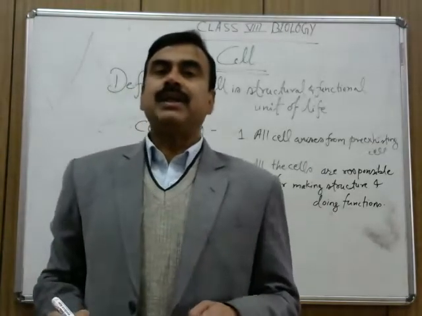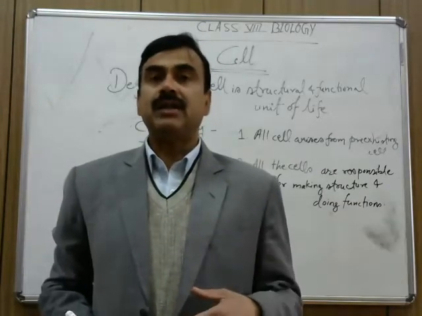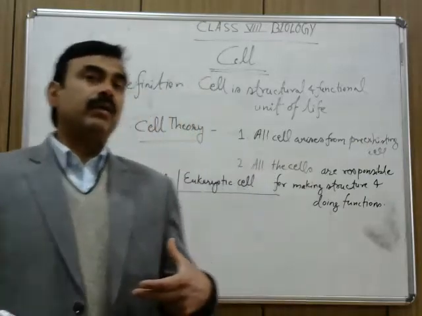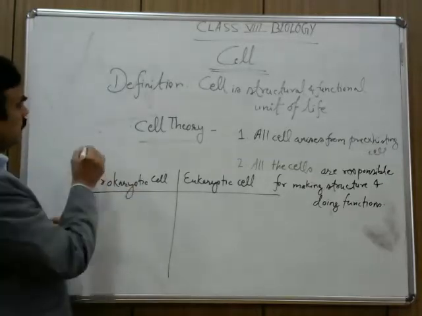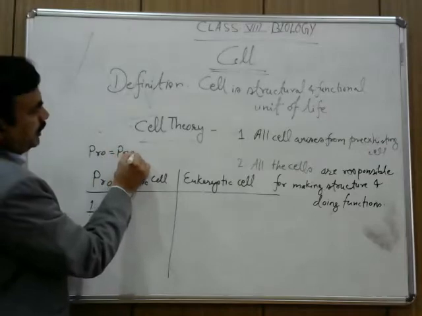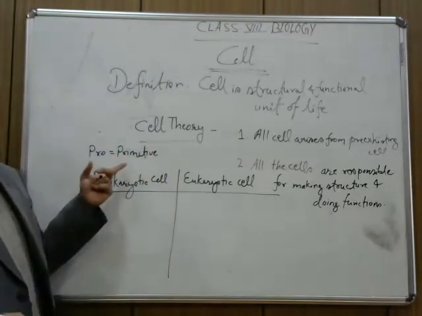The undeveloped cells are called prokaryotic. They are small in shape and size. There are two words. First is pro. What is the meaning of pro? Primitive. Primitive means undeveloped.